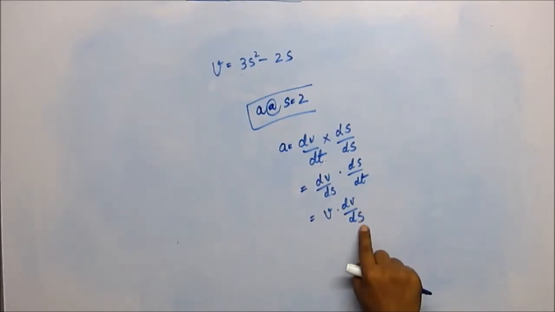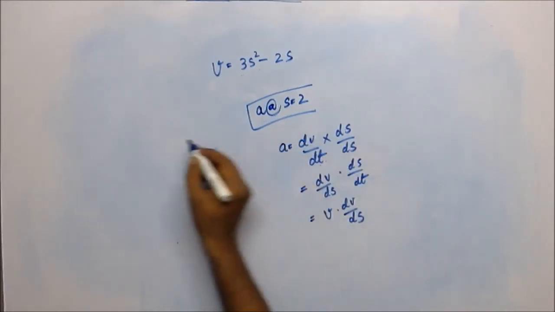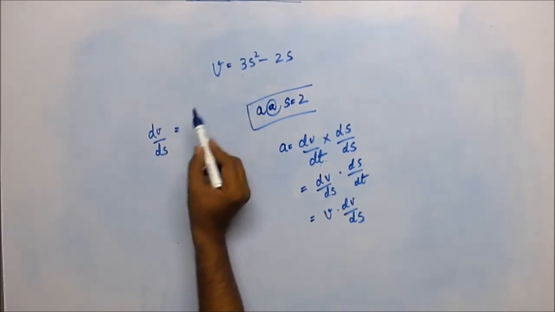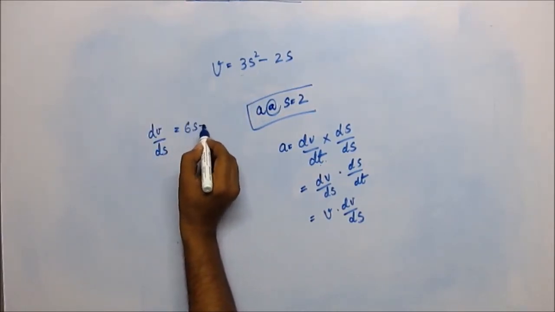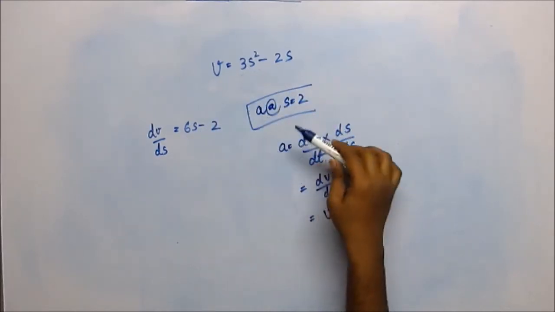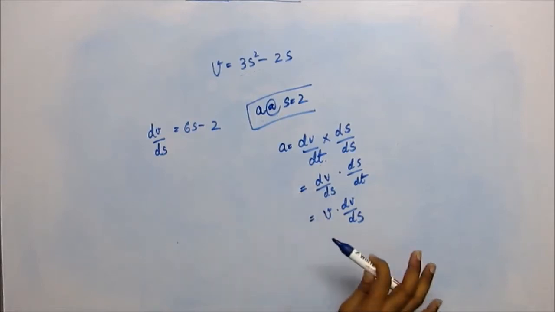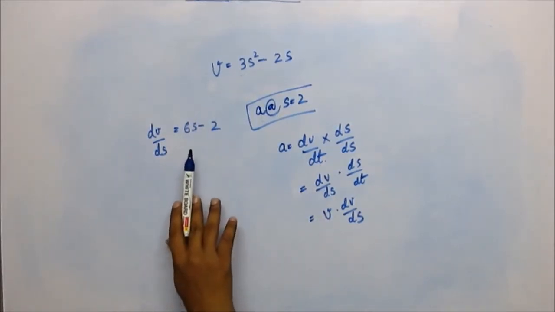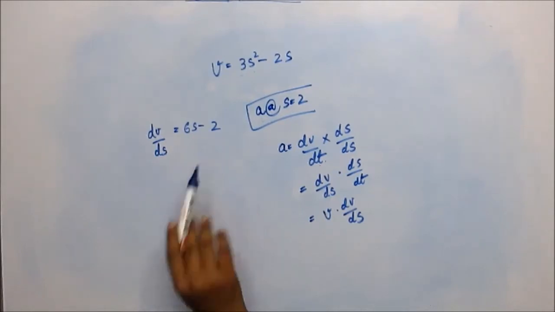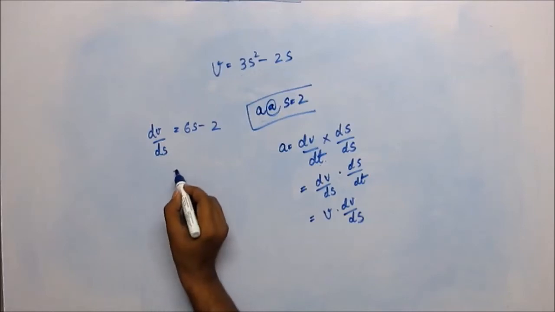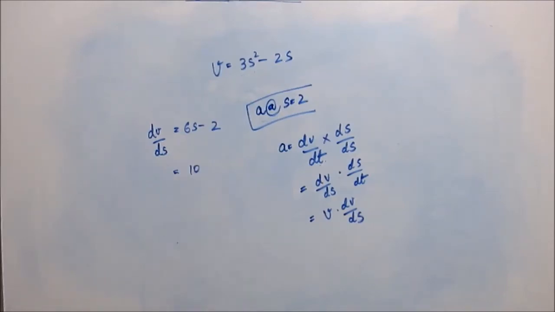And dv by ds can be found out. dv by ds will be equal to 6s minus 2. This is a polynomial differentiation that we have studied before. It shouldn't be a problem for you at this stage to find dv by ds. dv by ds will be 6s minus 2. Now at s equal to 2, dv by ds is equal to 10.